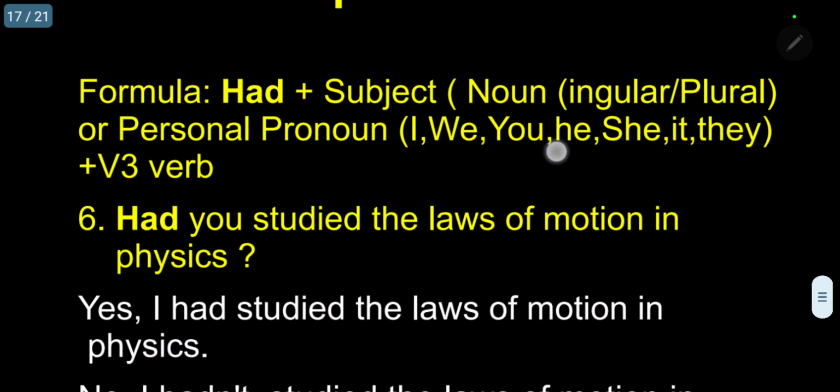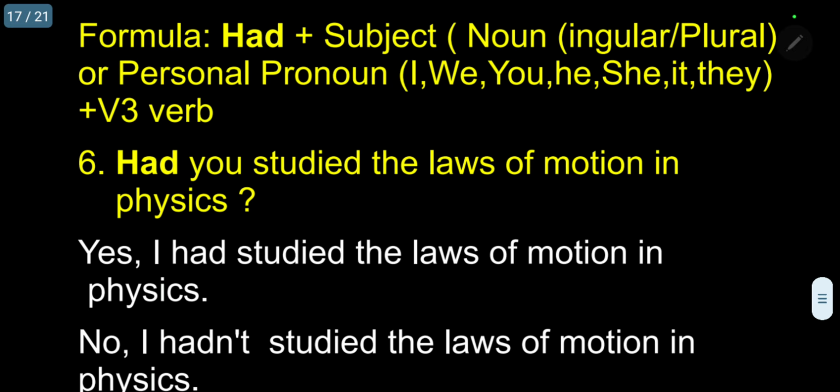Number 6. Had you studied the laws of motion in physics? There are two possibilities. If studied, yes.